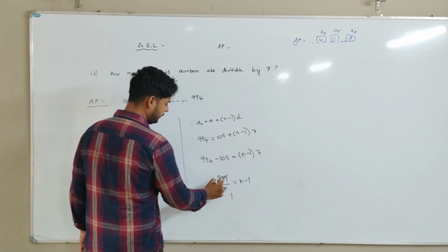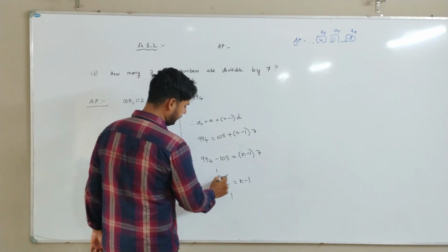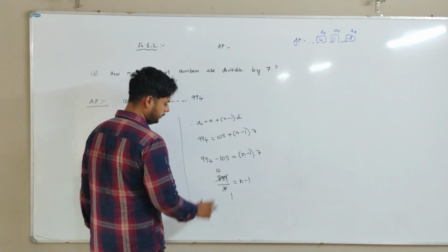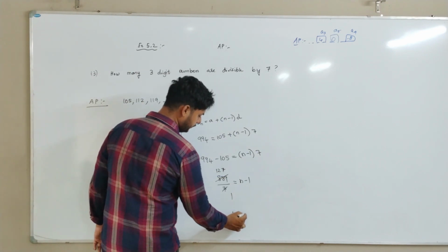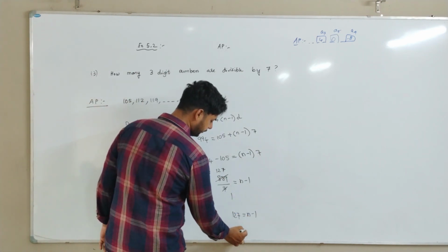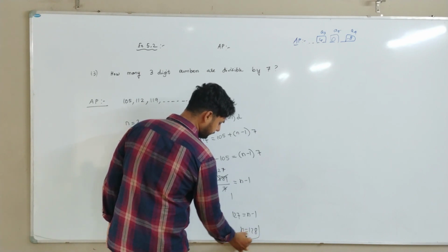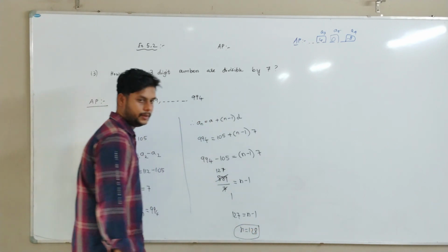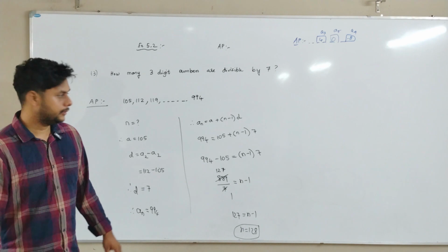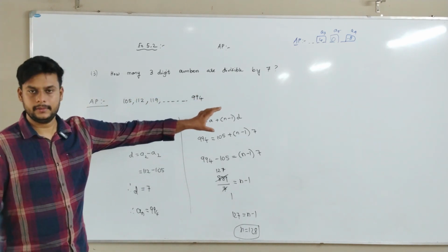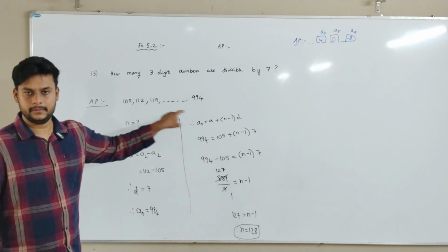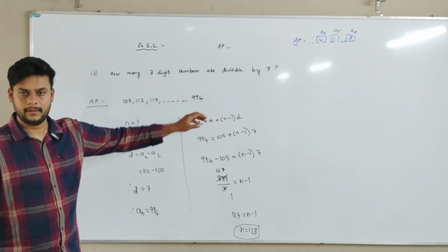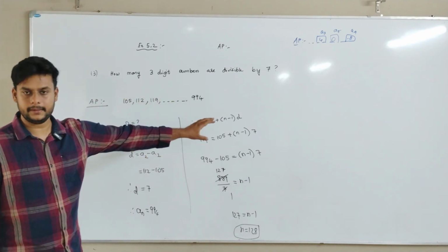That is 127, equal to N minus 1. N is equal to 128. So how many terms are there here? Total 128 terms are there. So if I take 3-digit numbers divisible by 7, total how many terms will I get? 128.